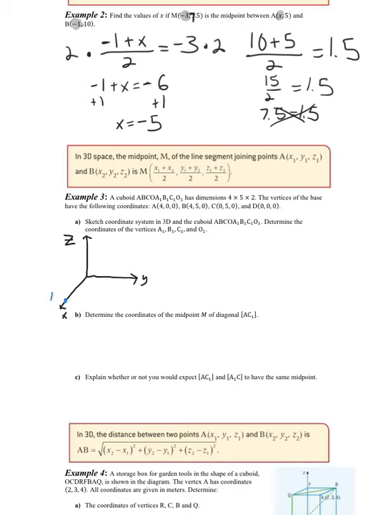So that's going to be on the x-axis. And then our point B is at 4, 5, 0. So that's going to be on that XY axis only. So that's how we would kind of sketch that.